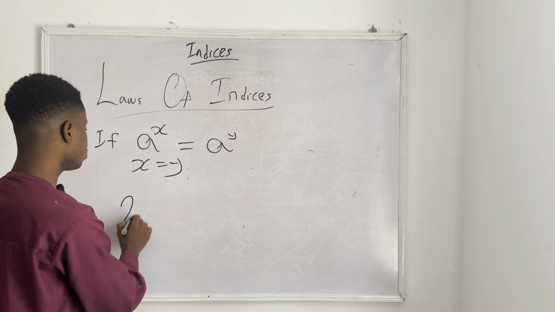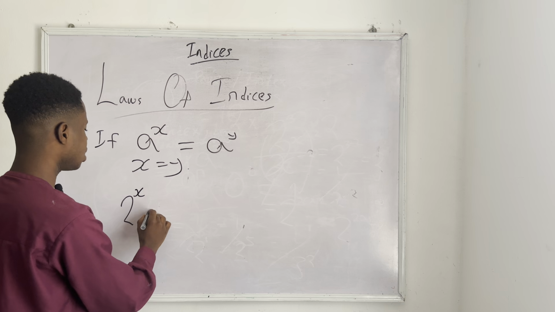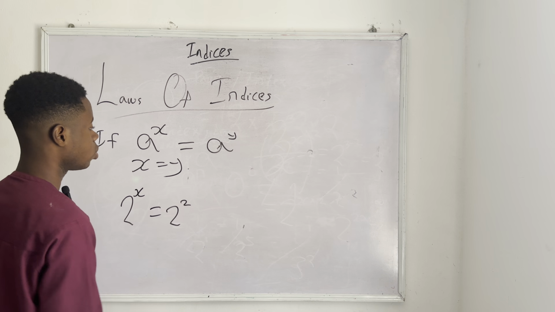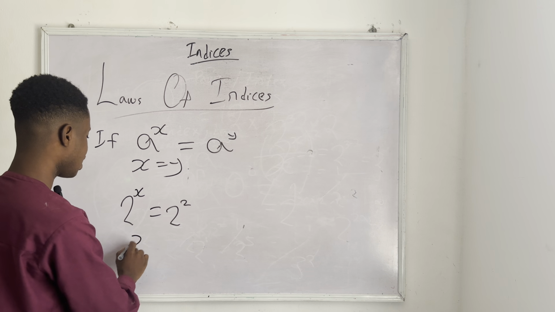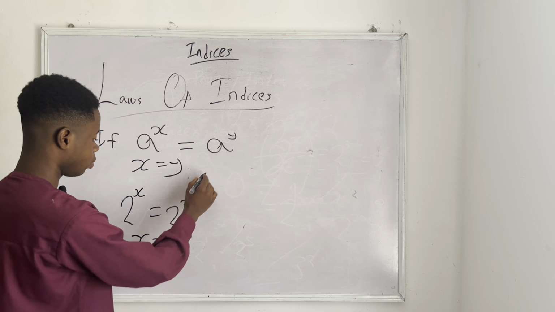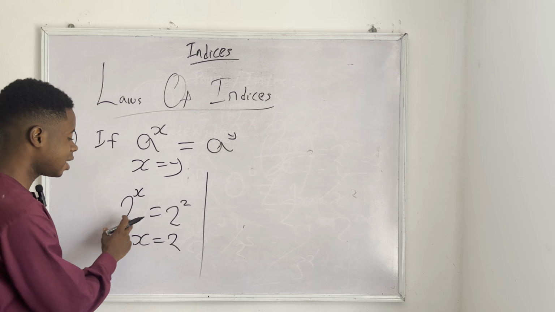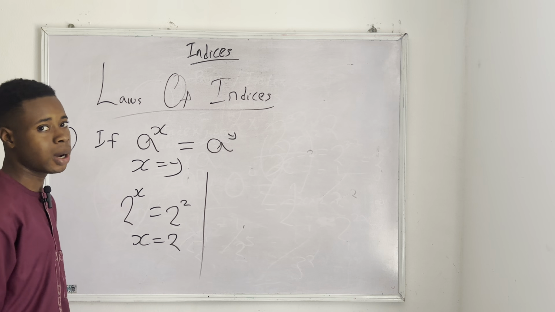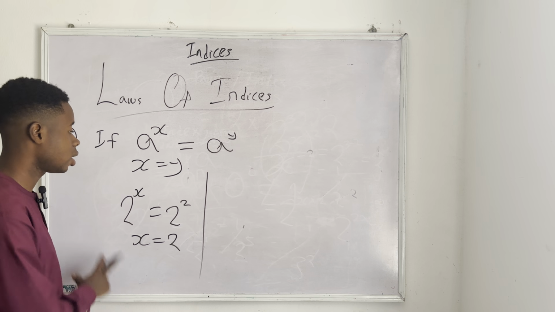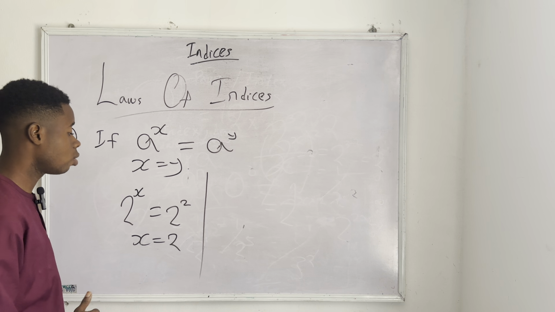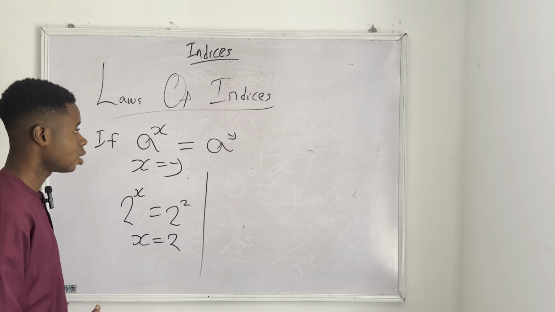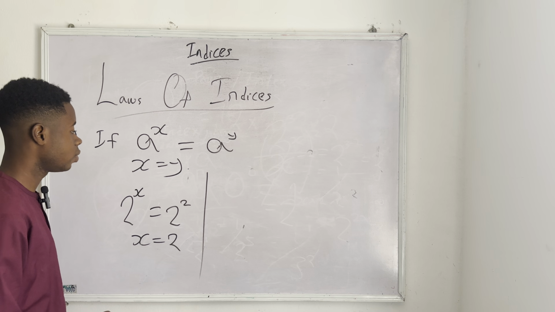So if I have 2 raised to the power of x is equal to 2 raised to the power of 2, since they have the same base, x will be equal to 2. Once their base is the same, then their power is the same as well, according to the seventh law of indices.